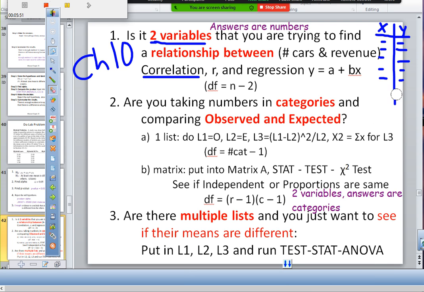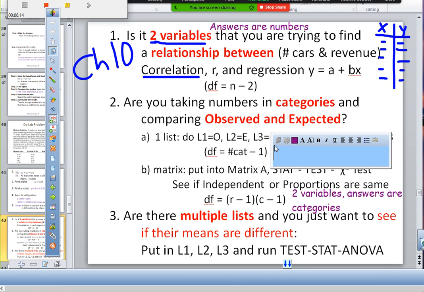The second thing that we learned about was this part here where we're taking a number. You're taking numbers in categories. So these are just tally marks, comparing observed and expecteds. So here, my variables, we can either have one list, which is one variable, right?